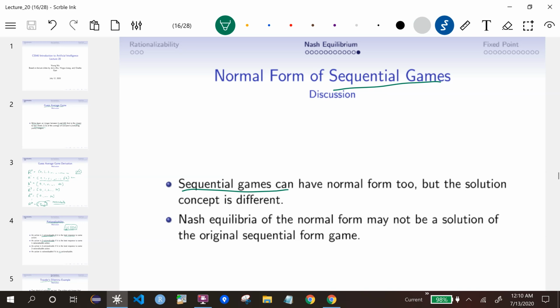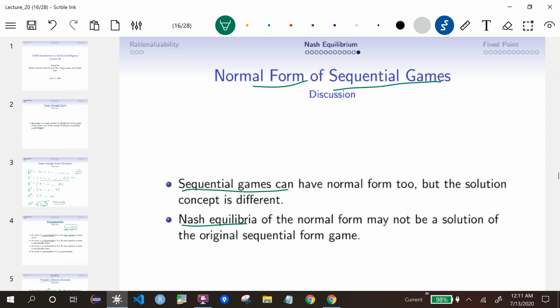It's not Nash equilibrium. All those solutions must be a Nash equilibrium, but it's not the other way around. If you have a Nash equilibrium of the normal form of a sequential game, it may not be a solution. So again, Nash equilibria is a larger set compared to the solution concept for sequential games.